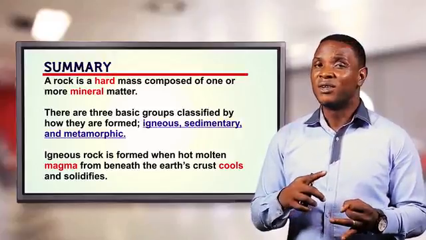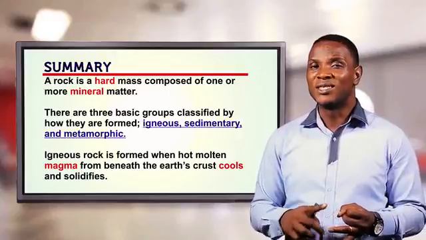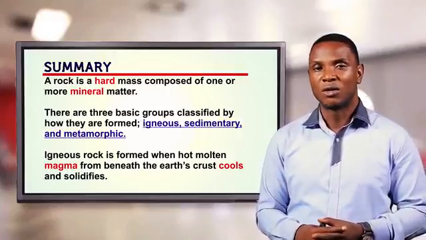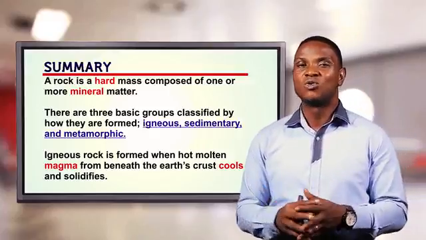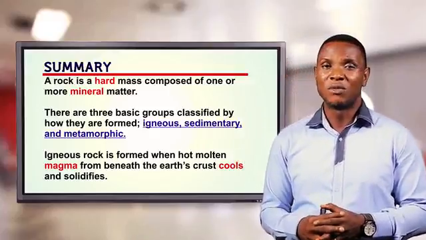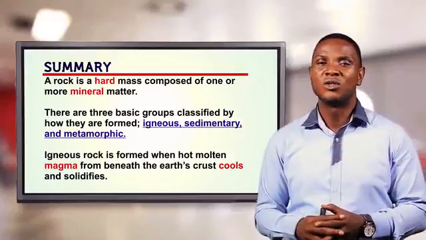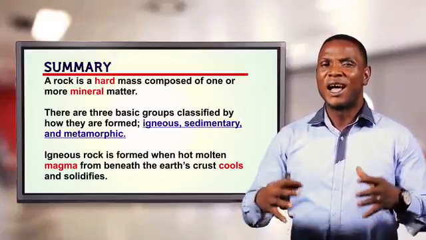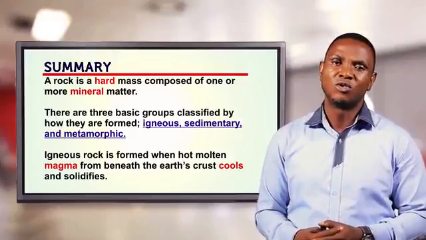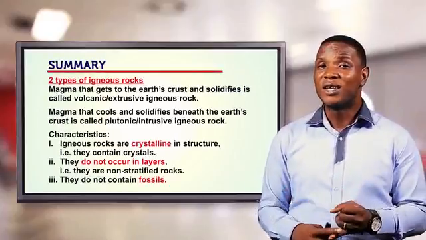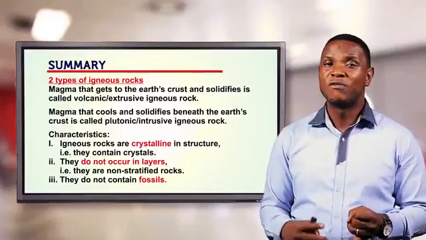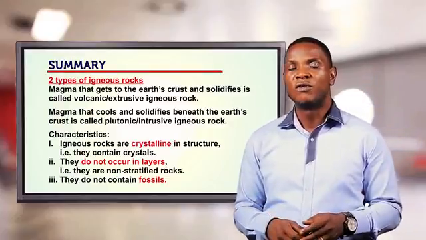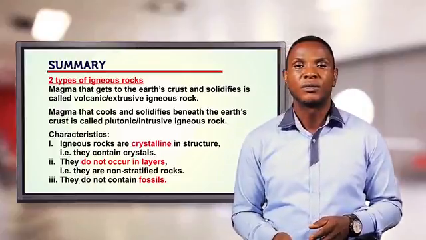We also said there is a type of rock known as sedimentary rock, and also there is metamorphic rock. We also learned that igneous rock is simply a rock that is formed by the cooling and solidification of molten magma. We learned that there are two basic types of igneous rock. We have the volcanic or extrusive igneous rock, and we also have the plutonic or intrusive igneous rock.